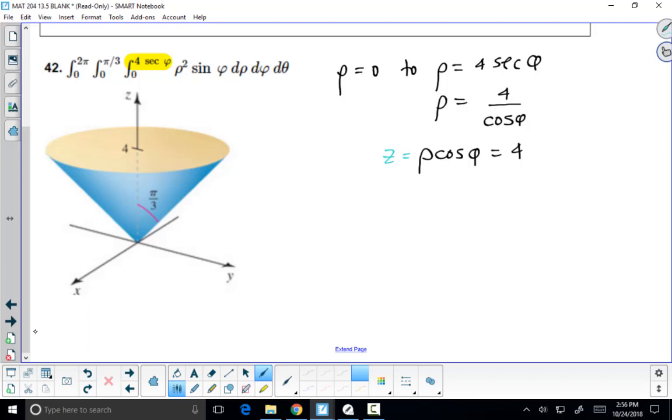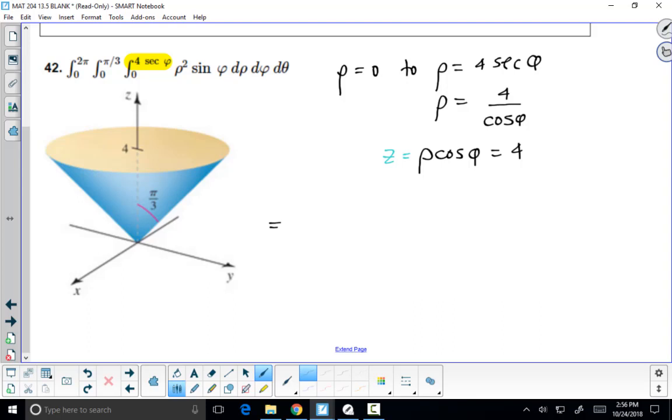If we were trying to take a sphere and core out the middle, then the inner surface could be a sphere of radius 4, and the outer surface could be a sphere of radius 15 or something. So with spherical, we're talking about inner and outer surfaces, not upper and lower. The inner surface is just the origin. The outer surface is this plane, and then the cone is generating the lateral sides to the inner and outer surfaces. Okay, so let's go ahead and evaluate this.